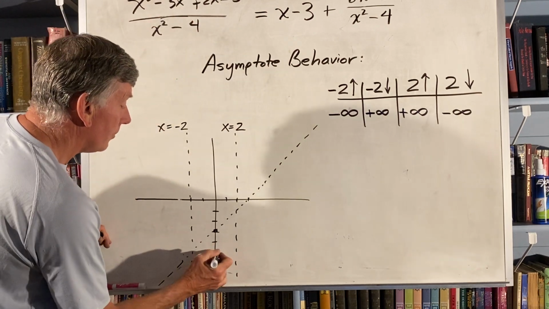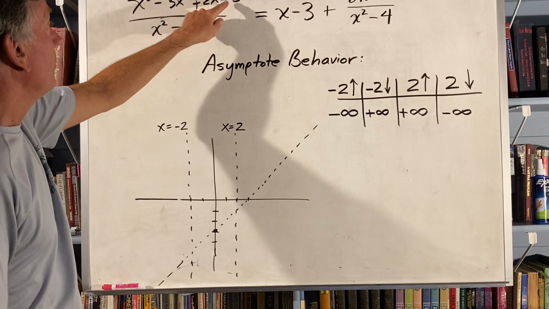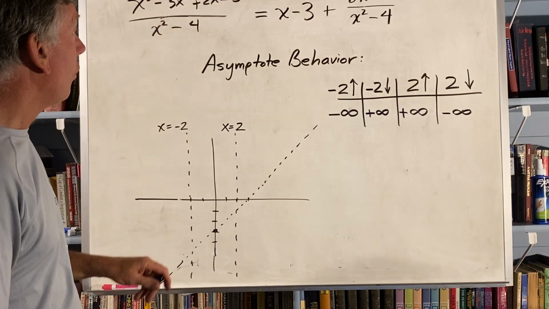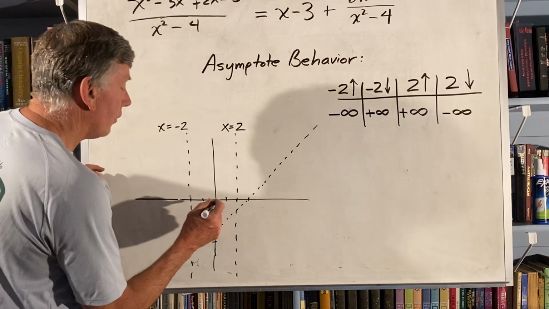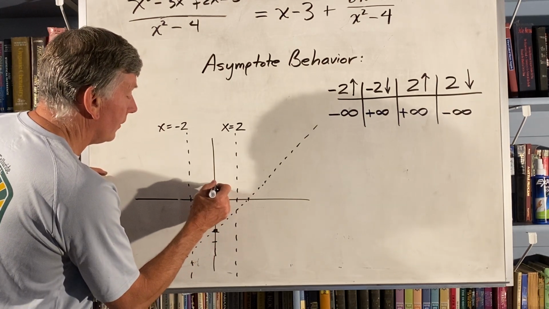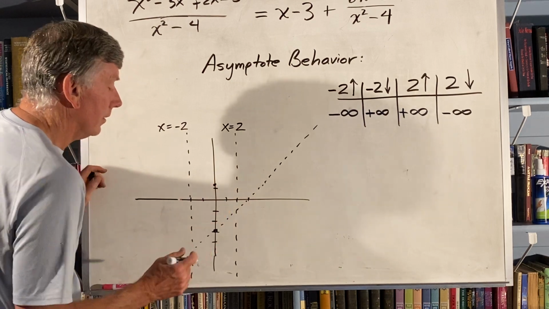The numerator is, but the denominator, this is minus 5 over minus 4, which is positive 5/4. So it's going to be up here at 5/4, about right there.